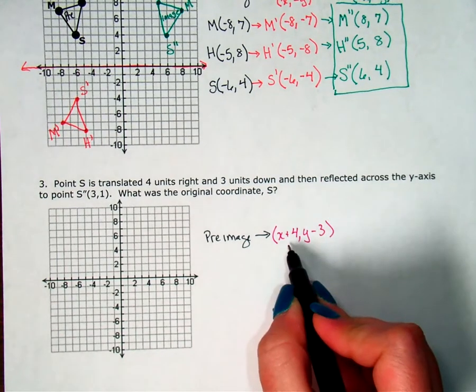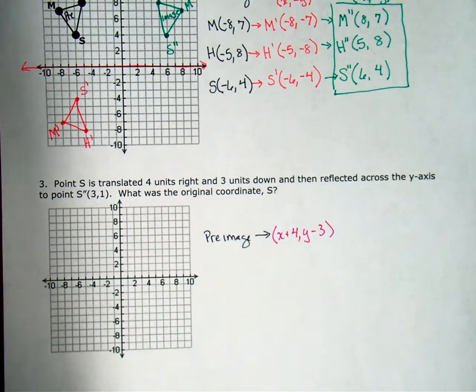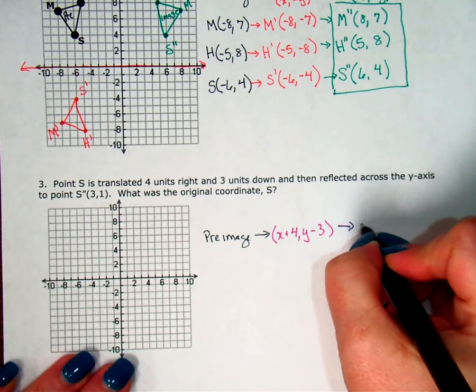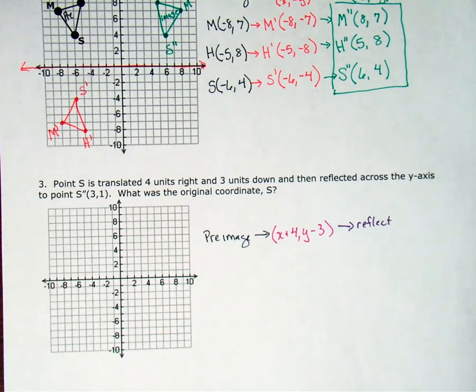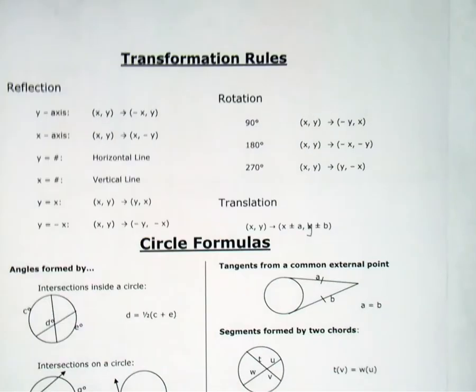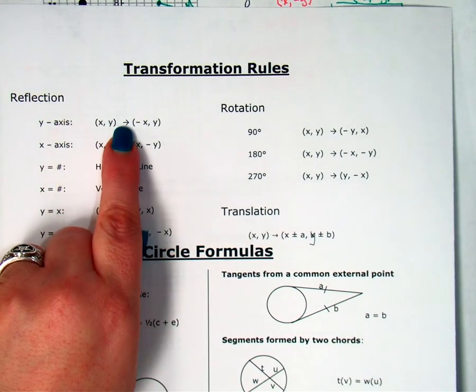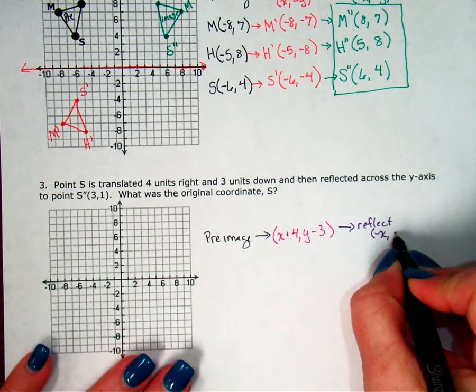Then I'm going to reflect across the y-axis, and again, if I forgot how to do that, I have my handy chart here. Reflect on the y-axis. That says my x, y reflects to the opposite of x, y.